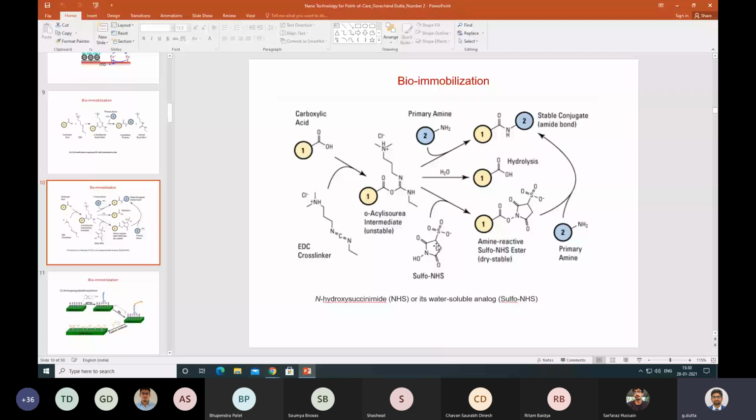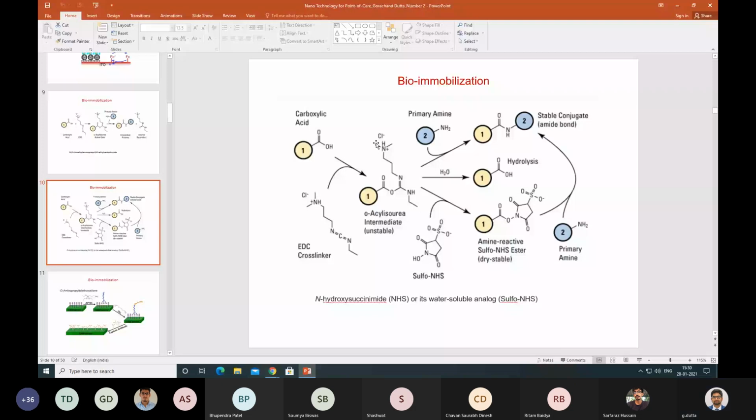How can you make the reaction faster? When you make this complex with the EDC and react it with sulfo-NHS, its leaving aptitude is much higher. So if you react EDC plus NHS together first, it will form a complex like this, the bottom one.